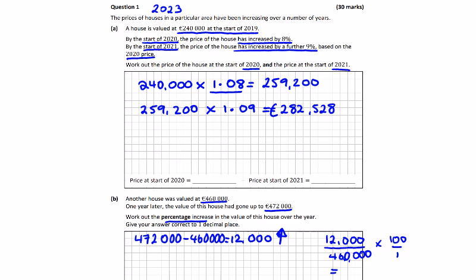And with these questions, there's always a rounding element, so write down a few decimals first. 2.60869, and then look for what they ask. Correct to one decimal place, so that is going to be 2.6% for the increase in part B.